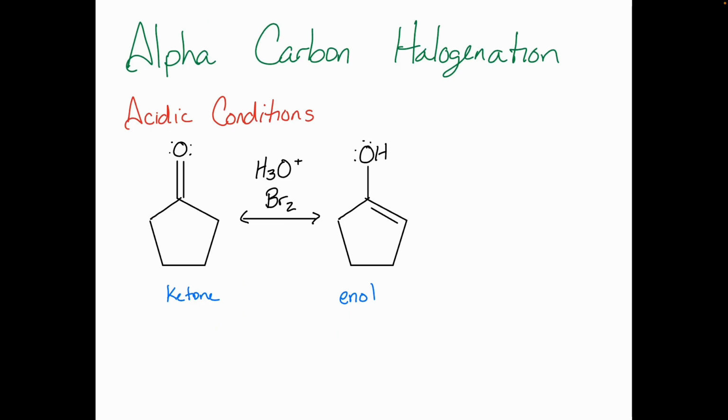So the name enol: I have a carbon-carbon double bond right next to an ol, an alcohol group. And this is what would have been our nucleophile. Our double bond here is what reaches out and does the attacking.